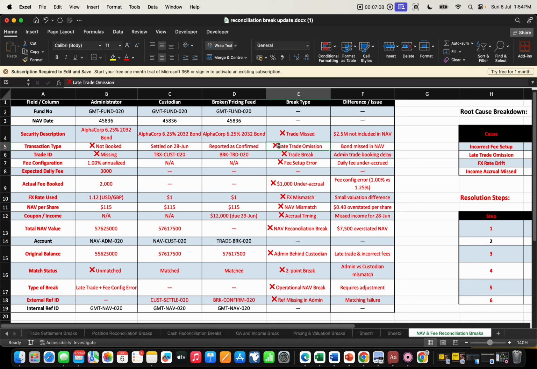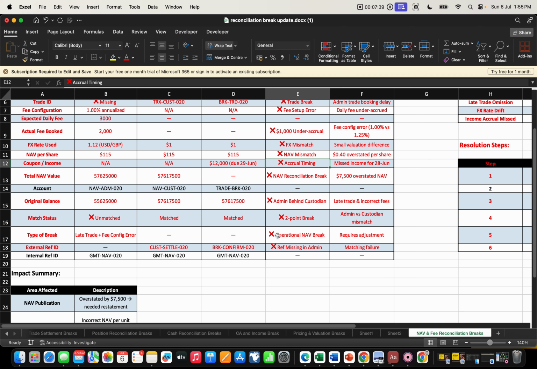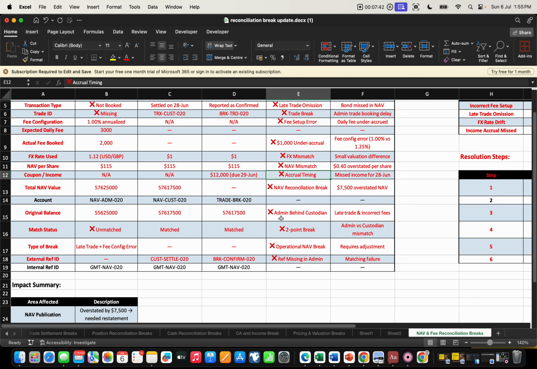The trade ID is missing at the administration side because the new trade includes a trade ID that is not mentioned. The fee is mentioned as 1% but here it is 1.25%, so this got impacted. Accrued interest: they posted 2000, but the broker and custodian are not mentioning it. There is an FX rate issue, the NAV per share is impacted due to the late trade, the coupon rate also gets disbursed, and we can see the original face and maturity value, everything is impacted.